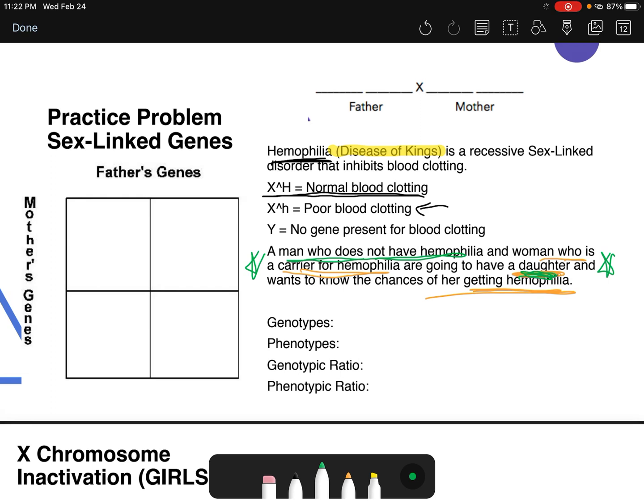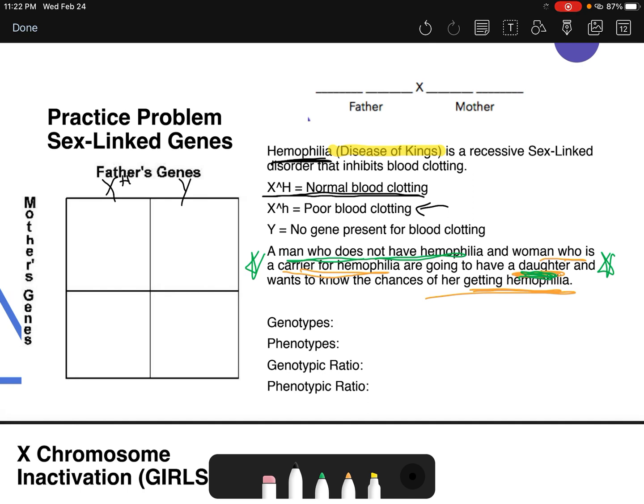So, a man who does not have hemophilia, that immediately tells us a Y needs to be present. It also tells us that it's going to be big X, capital H, not a lowercase h. Why?